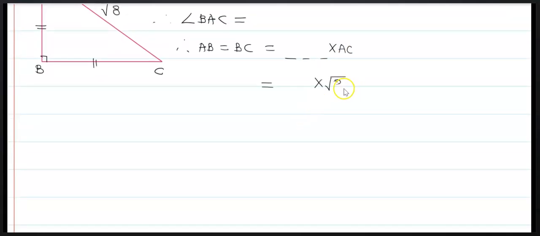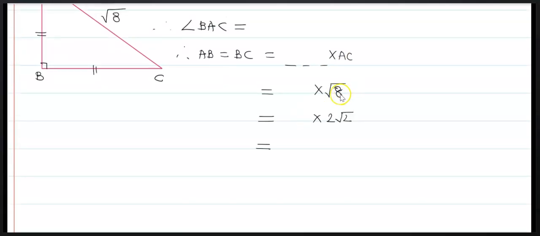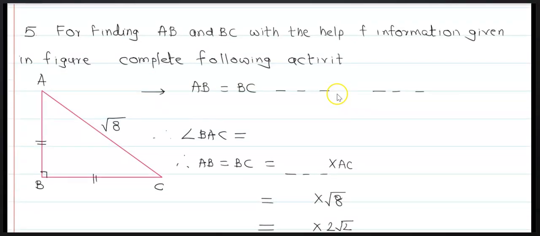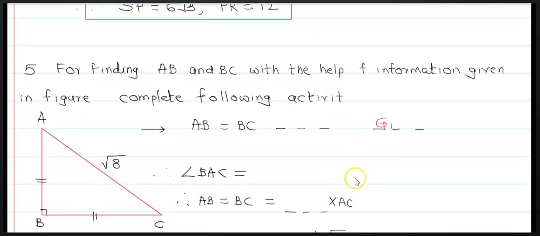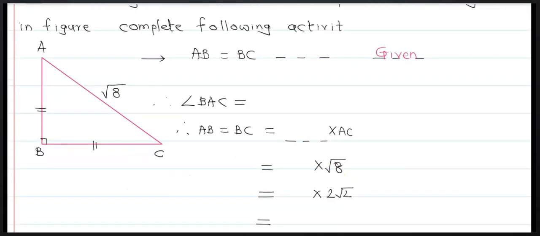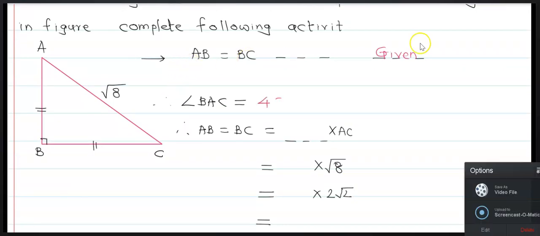Again, the value of AC is root of 8, and root of 8 is nothing but 4 into 2. Now see these answers here. AB is equal to BC, this is given. Angle BAC is equal to 45.